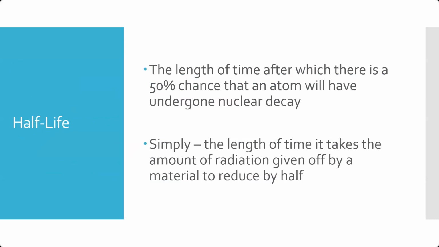So after one half-life, half the atoms have released their extra neutrons or protons, whatever it might be, and half the atoms have not, right? And then after a second half-life, of the half that still had not released their particles, half of those have released the particles. So you saw the jelly bean thing.